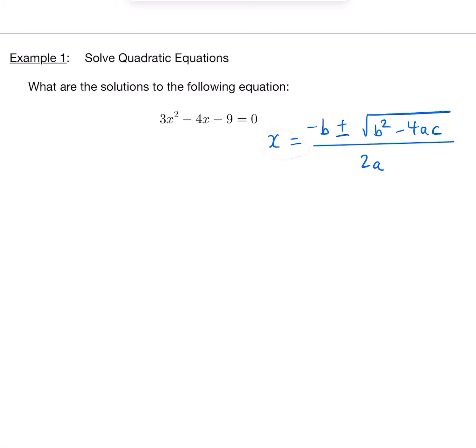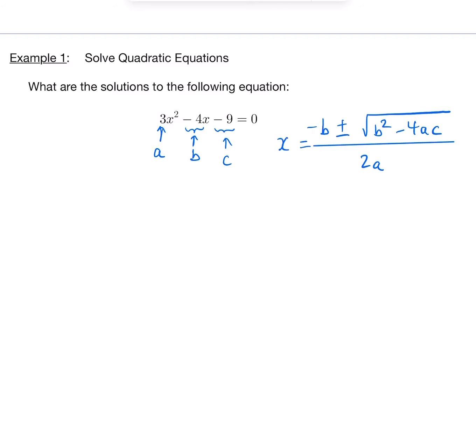The letter A refers to the coefficient 3. The number negative 4 is our coefficient B, and the last, negative 9, is our coefficient C.